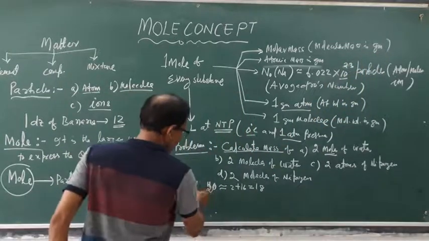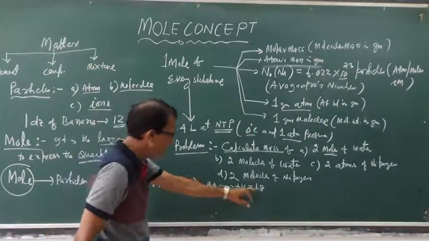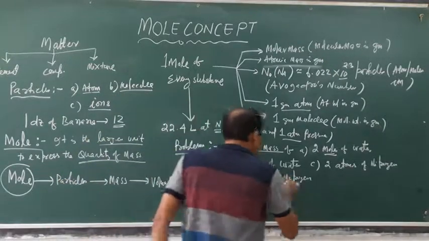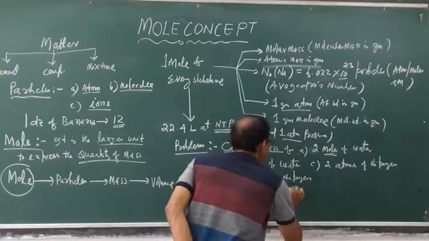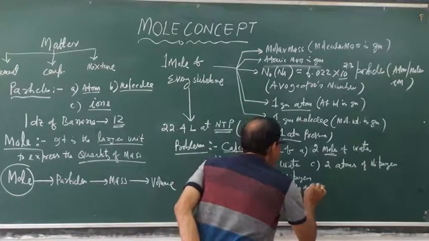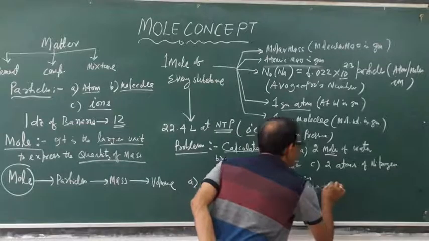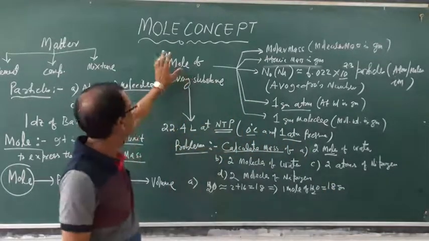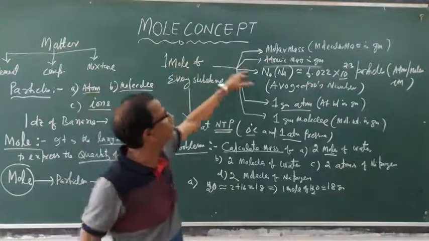So 18 gram. 1 mole of water is equal to 18 gram, because as per the formula, 1 mole is always equal to the molar mass.